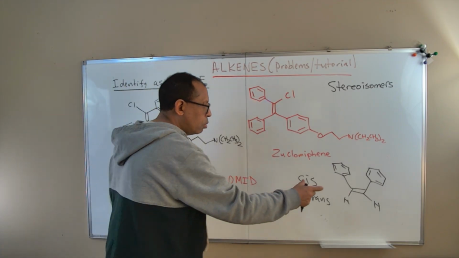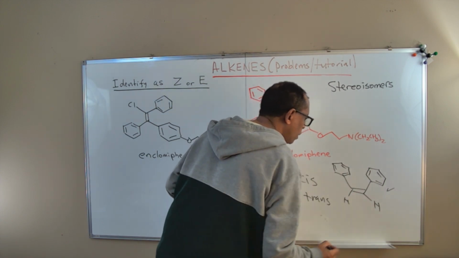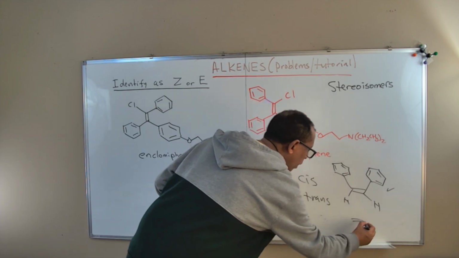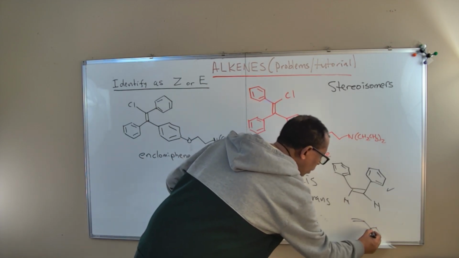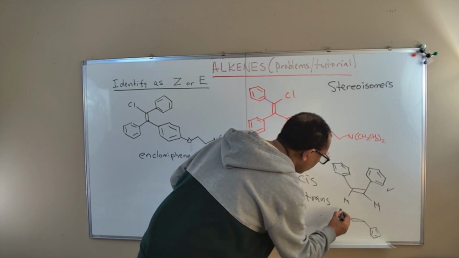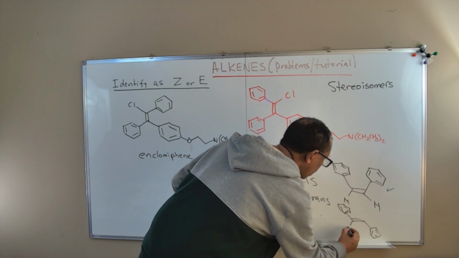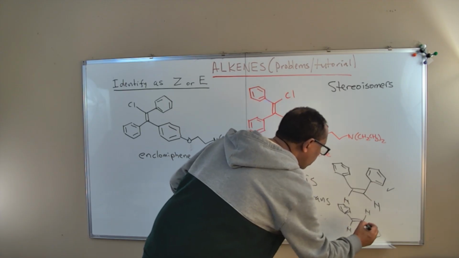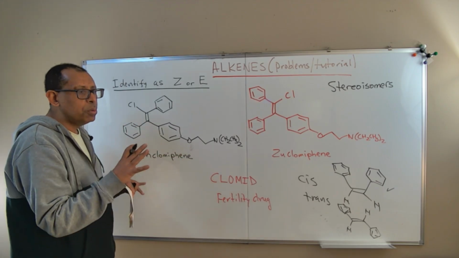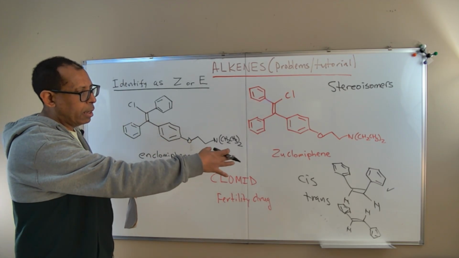When the two are in the same direction, this is a cis, and when the two are in opposite sides of the alkene, for example, if it is phenyl like this and hydrogens like this, this is trans. So that's easy when you have two kinds of groups across the double bond.